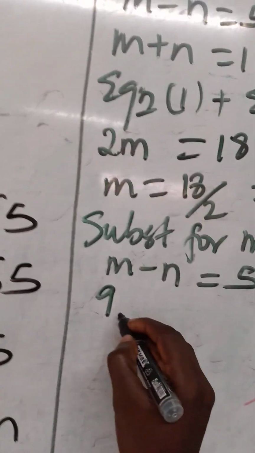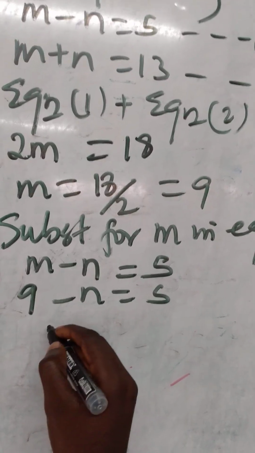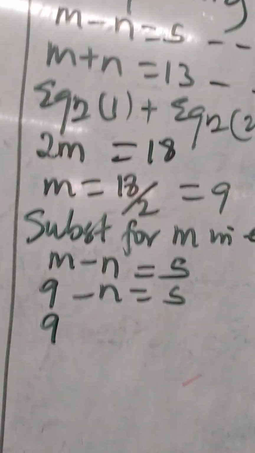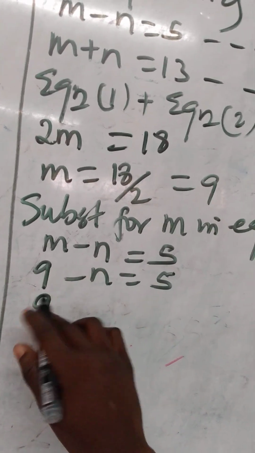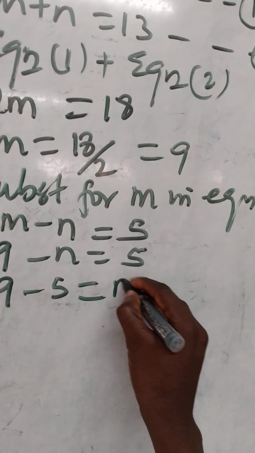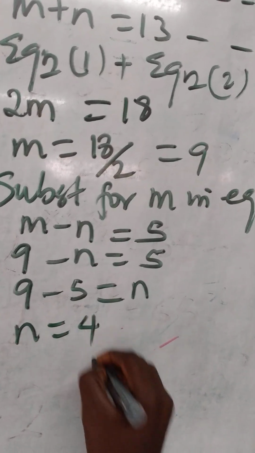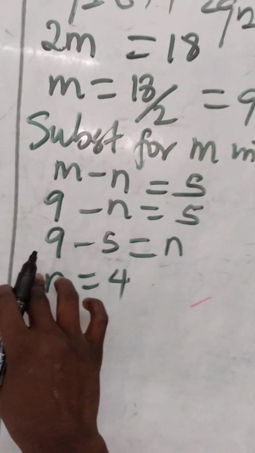So 9 minus n equals 5. Collecting like terms, 9 minus 5 equals n. So from there, n equals 4. So I have m as 9 and n as 4.